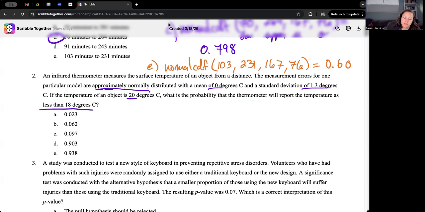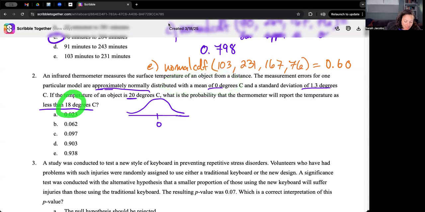Okay, I thought about this one way. A student today thought about it a different way. I'll show you both. Same basic principle, still with our friend normal CDF. So the way I thought about it was, if the mean of this distribution is 0, the errors are normally distributed with an average of 0.